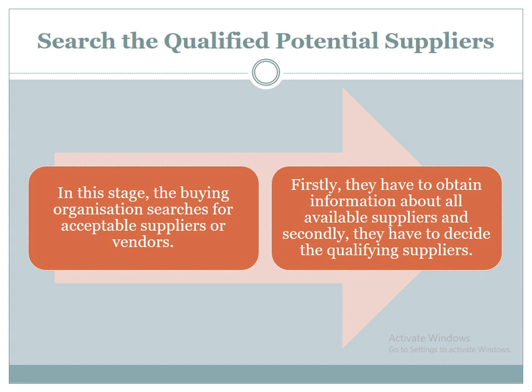Secondly, they have to decide the various qualifying suppliers that we have seen in vendor ranking. The search for potential suppliers is based on various sources of information like trade journals or sales calls, maybe word of mouth, then various catalogs, trade shows, or maybe industrial directories.